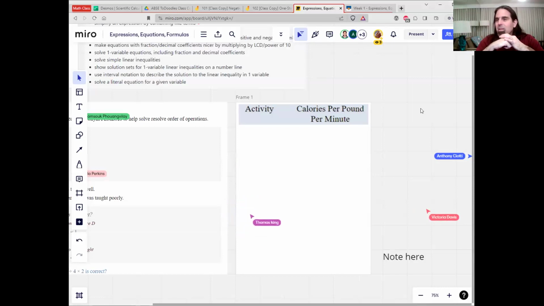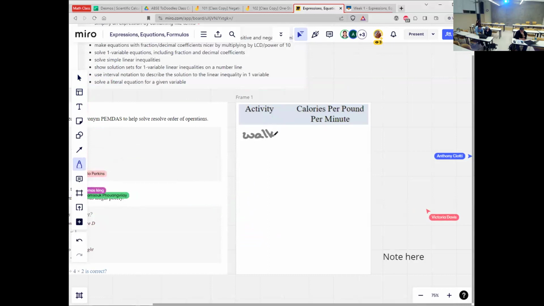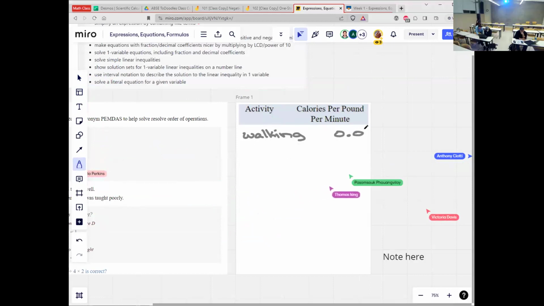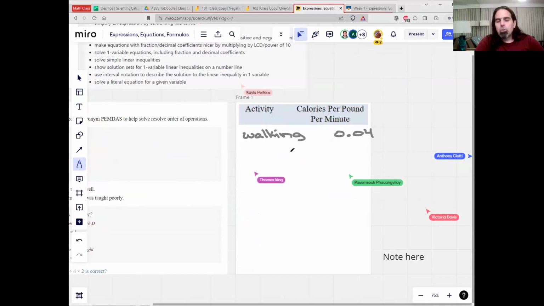Am I walking up a big hill? Am I walking slowly and chatting to people and things like that? But for now, I'm just going to say that walking burns about 0.04 calories per pound per minute.